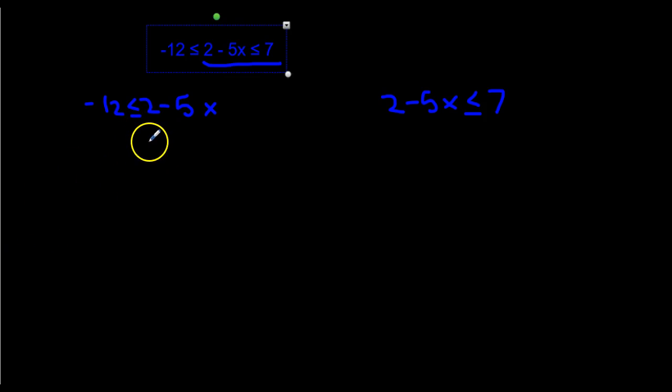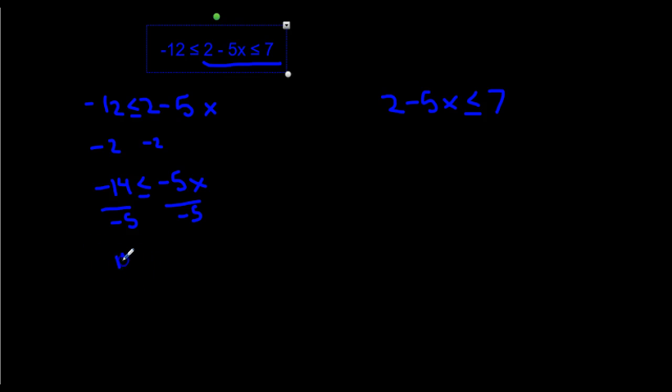So we'll solve this just how we always would. We could subtract 2 from both sides, and we'd get -14 is less than or equal to -5x. And then we would divide by -5 to get rid of that 5x by itself.